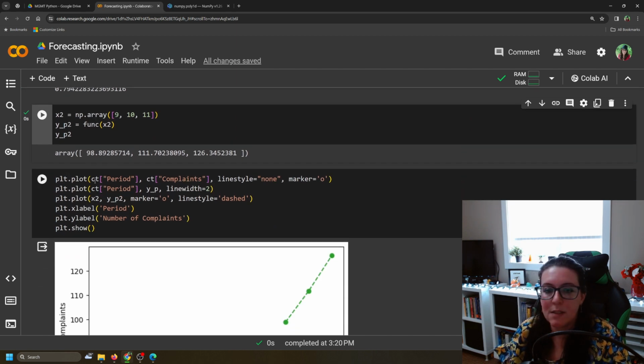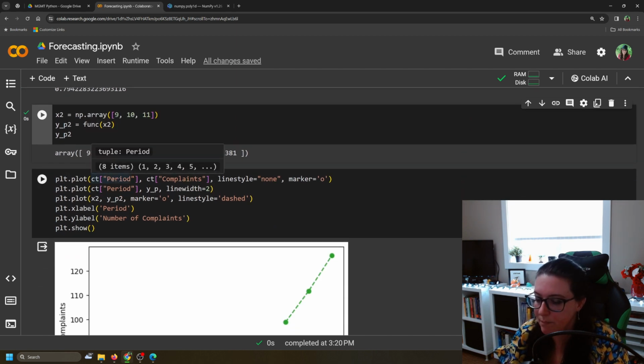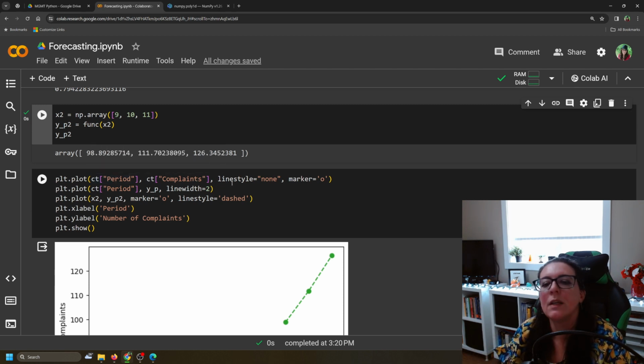So let's plot the period, so CT, complaint table, column period, against the complaint table complaints. X values are the periods, that's the horizontal. Complaints are the vertical. Let's not have a line, let's just put dots for the actual data.